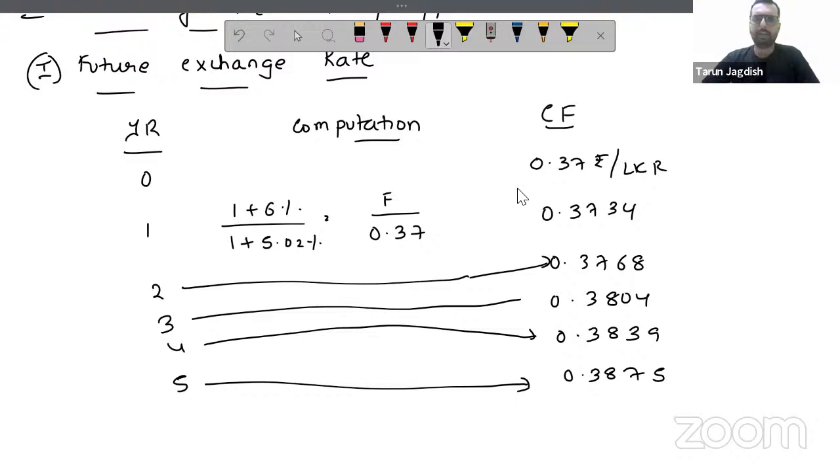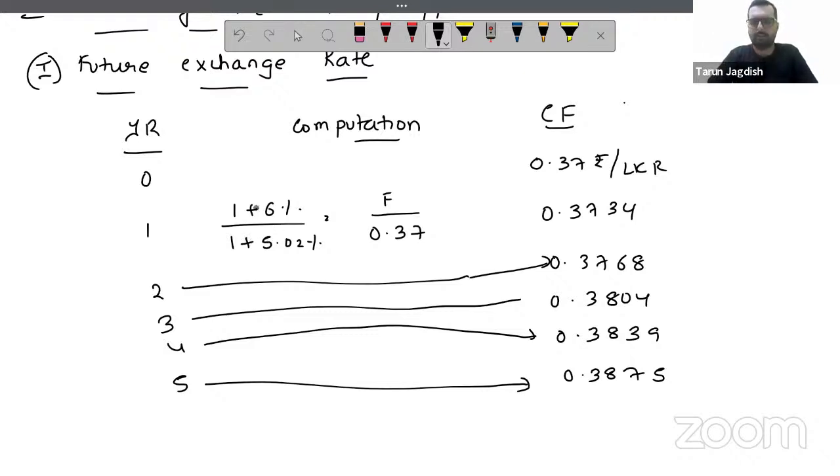Yeah, you are actually multiplying everything with a common factor, 1 plus 6% divided by 1 plus 5.02%. This is the same like discounting factor computation. The moment you press equal to it goes on coming down. Do 1.06 divided by 1.0502.